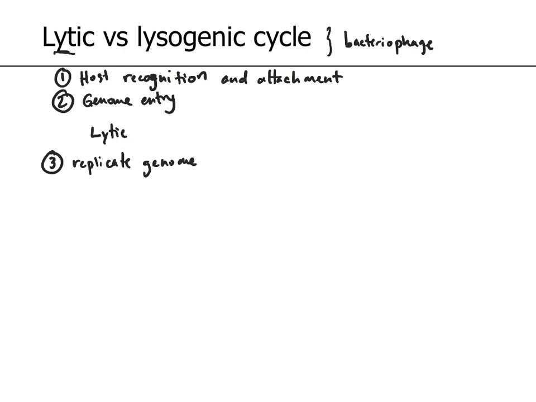Now if we remember, when we talked about the lytic cycle, we had what was called the early and late stage genes. The early genes were the ones to make the capsids and make all the proteins that the different virus particles needed.